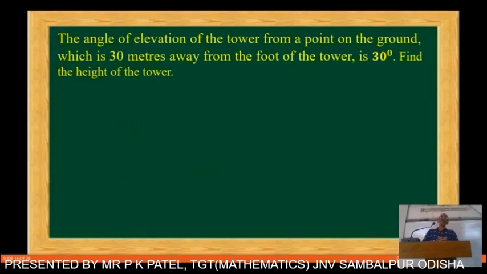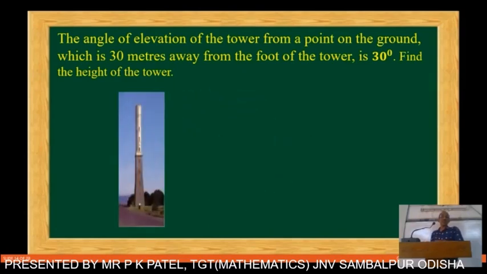Now we'll solve some problems related to height and distance. First, take one example. The angle of elevation of the top of a tower from a point on the ground which is 30 meters away from the foot of the tower is 30 degrees. Find the height of the tower. For this, we have to draw the diagram.